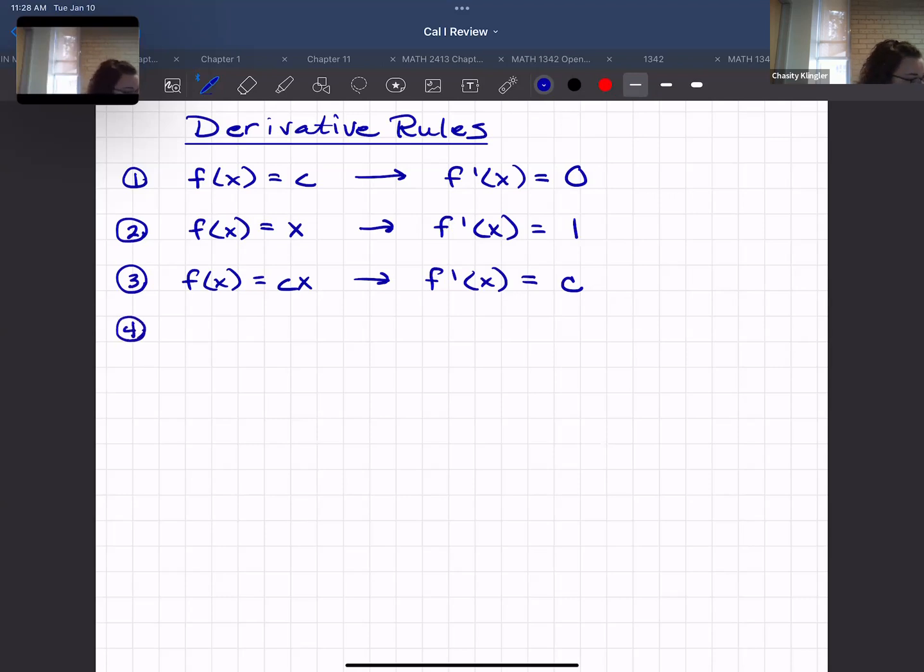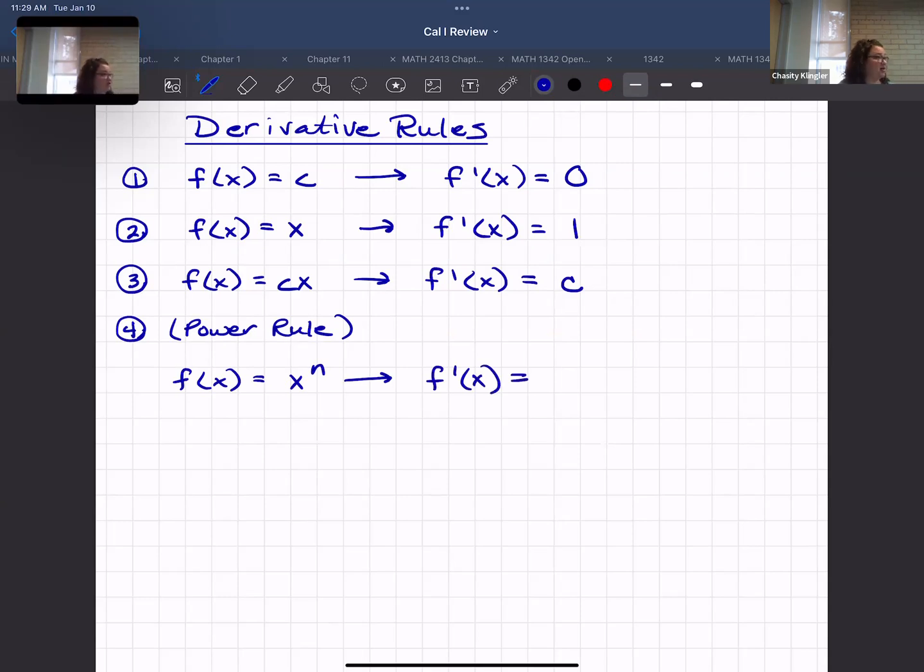Okay, and then we've got the power rule. And this really is appropriately named because the power rule does so much, especially when you get into integration. So if I have x to a power, and I'm doing this generically, like any n, what do you do?